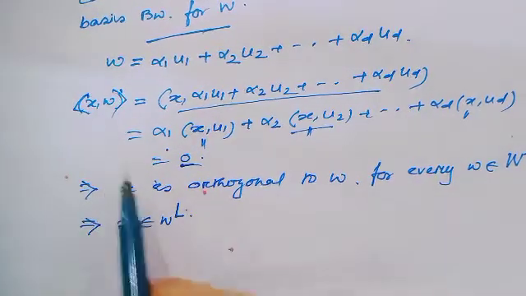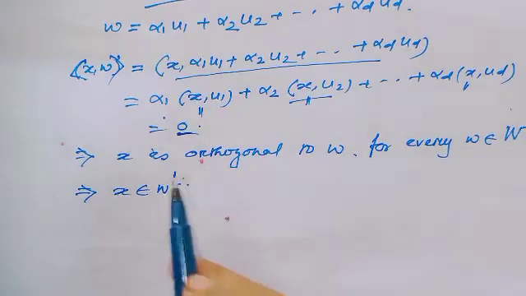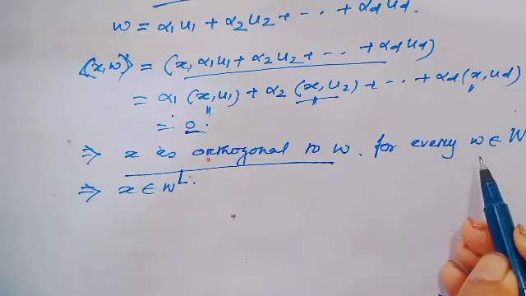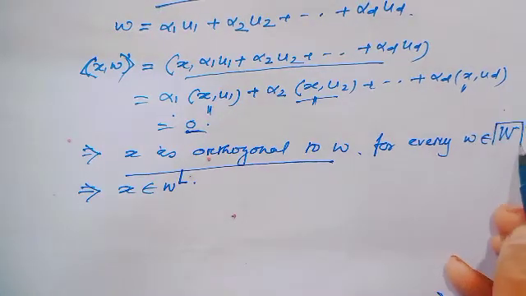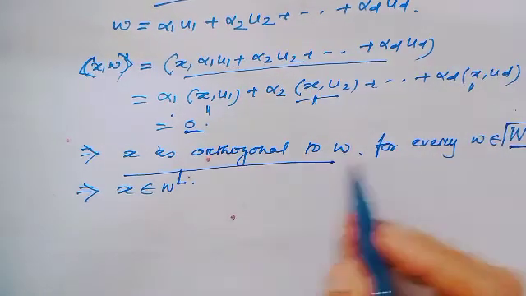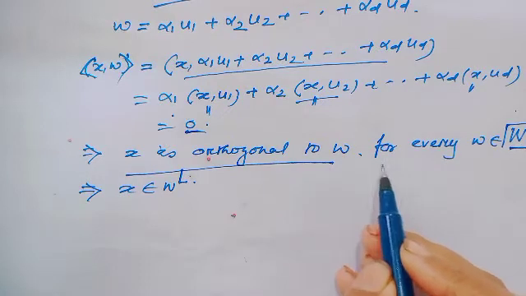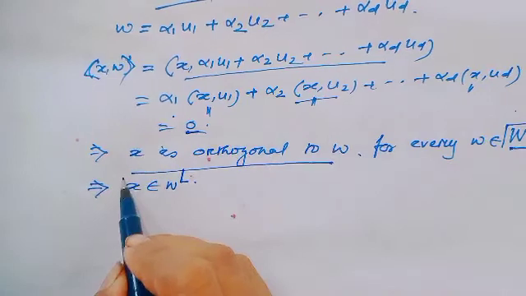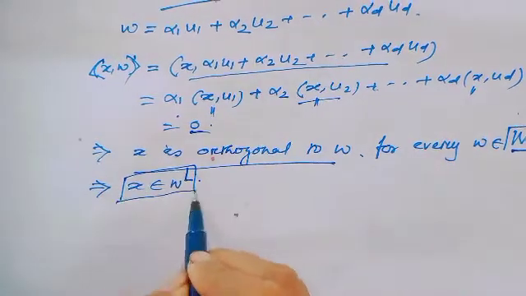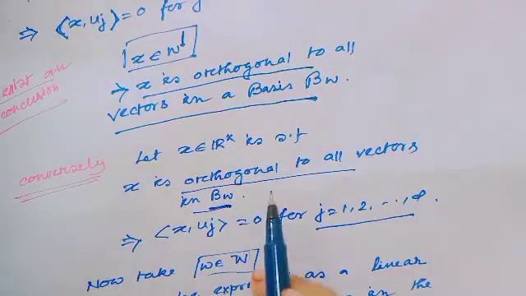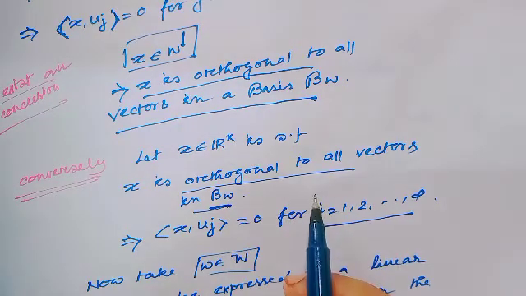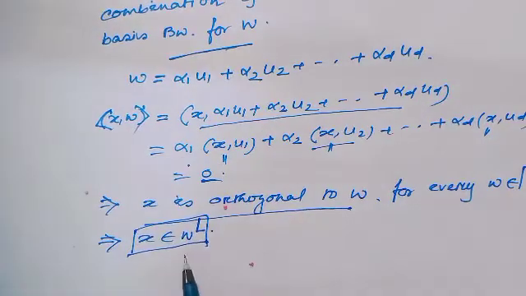From this expression we can tell x is orthogonal to w for every w belonging to capital W, and that means x belongs to W perp. Conversely, if x is orthogonal to every basis vector, then x obviously belongs to W perp.